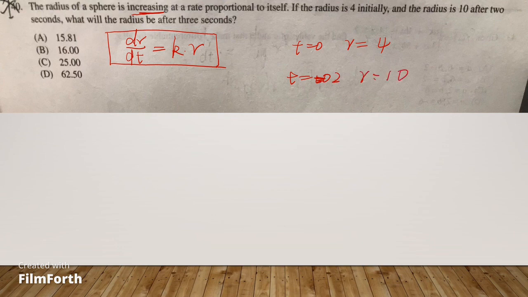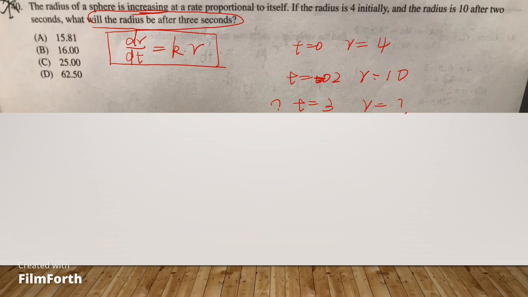They asked what the radius will be after 3 seconds, so t equals 3, what is the value of r? So this is not a related rate problem. It is just a differential equation.